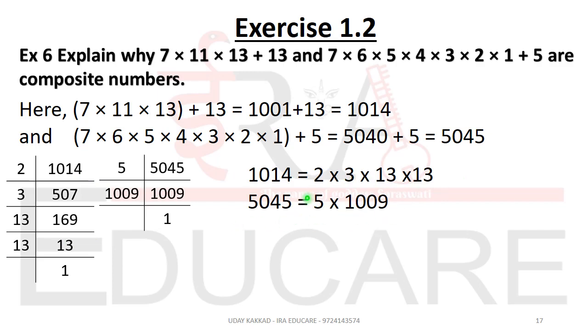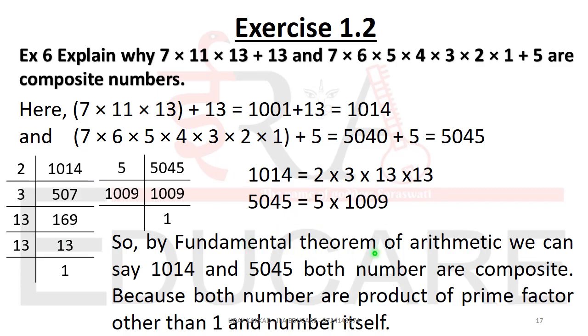So by the fundamental theorem of arithmetic, we can say that 1014 and 5045 are both composite because both numbers are products of prime factors, other than 1 and the number itself. They have 1 and the number itself, but other than that they have more prime factors.